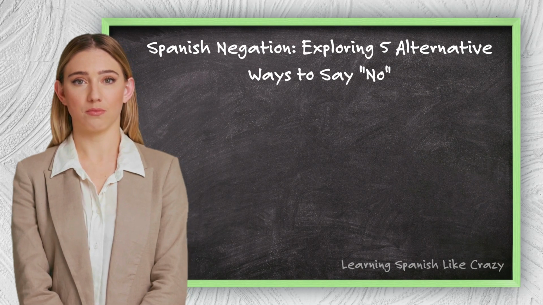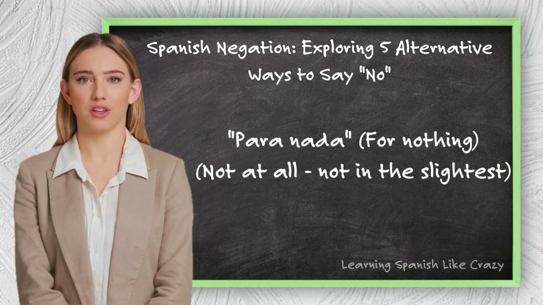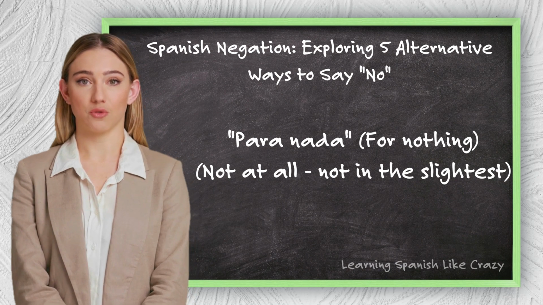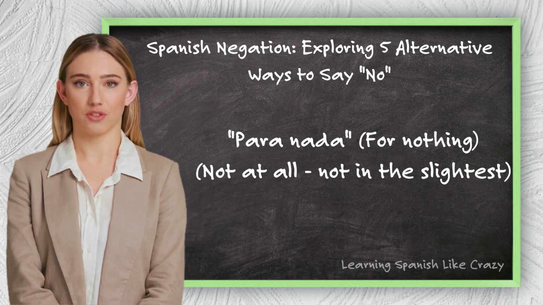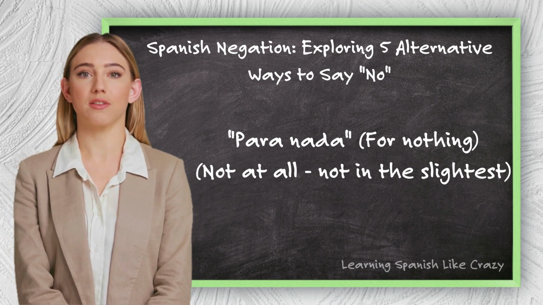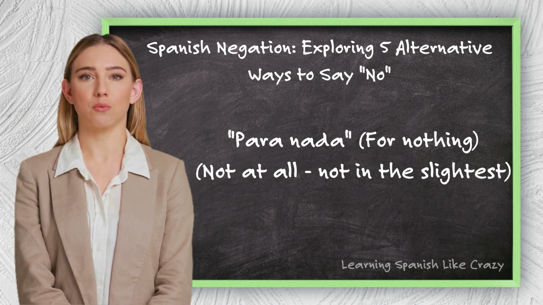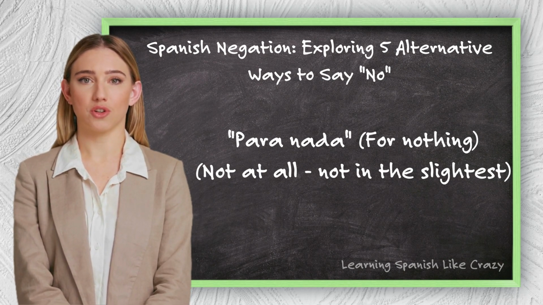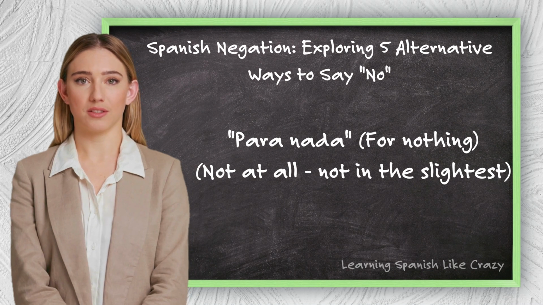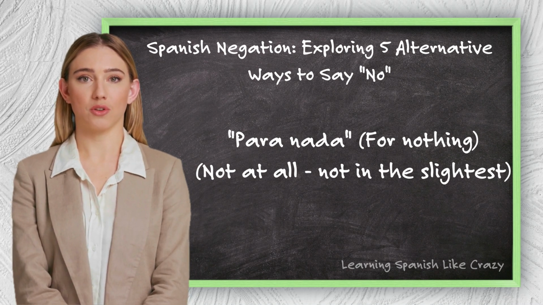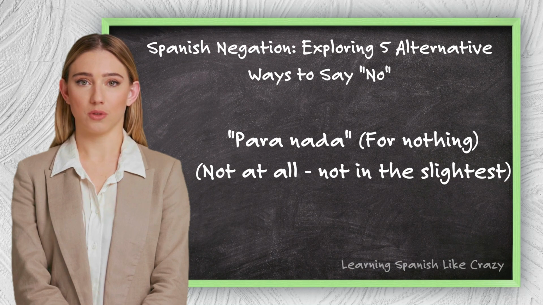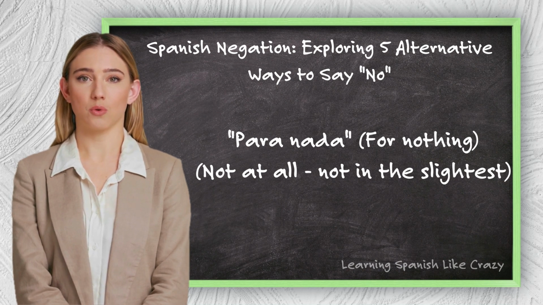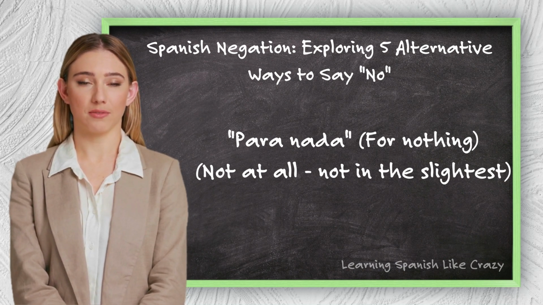Next up, Para nada. This phrase, which literally translates to for nothing in English, is commonly used to mean not at all or not in the slightest. It is a versatile expression used to negate a statement or assertion. When someone makes a statement that you strongly disagree with or that doesn't align with your experience or beliefs, you can confidently respond with, Para nada.